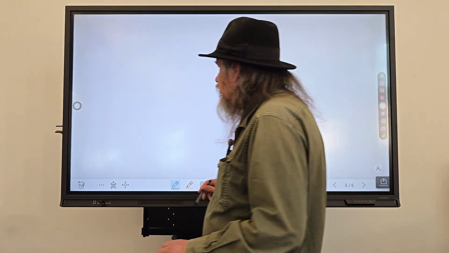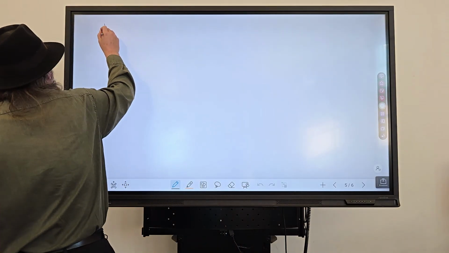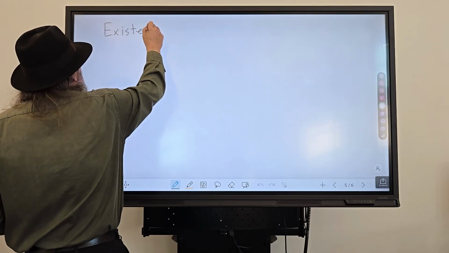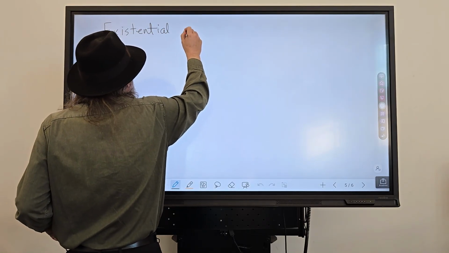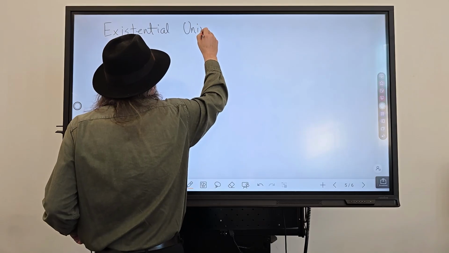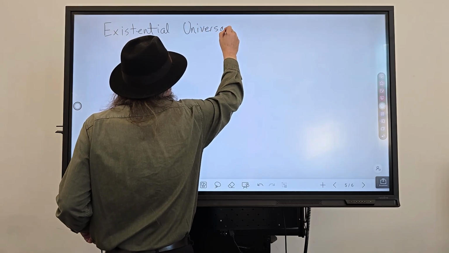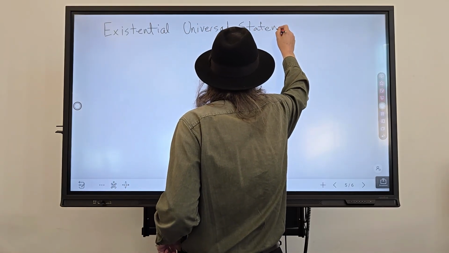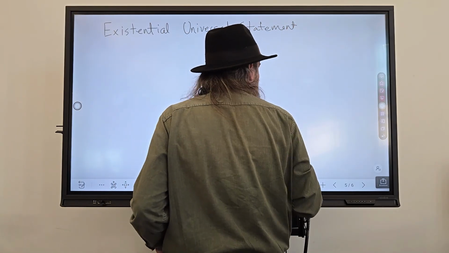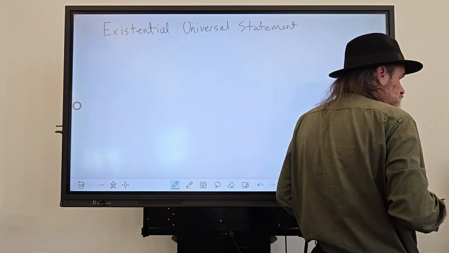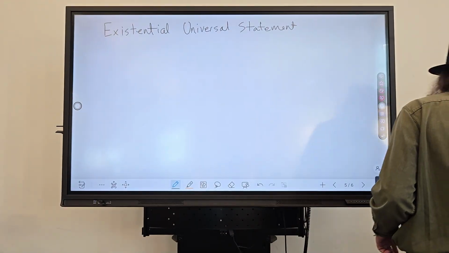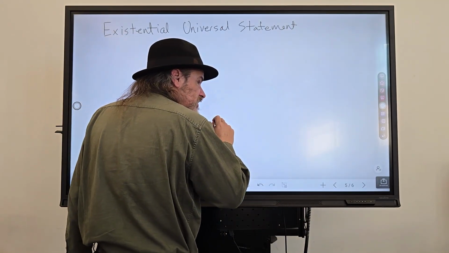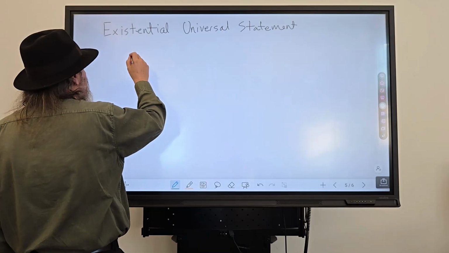Now we have also the other way around, the existential universal statement. Again, you have two parts. First part says that a certain object exists.